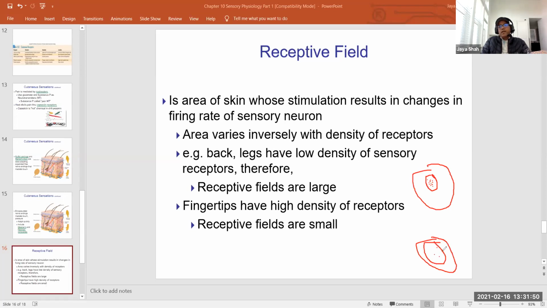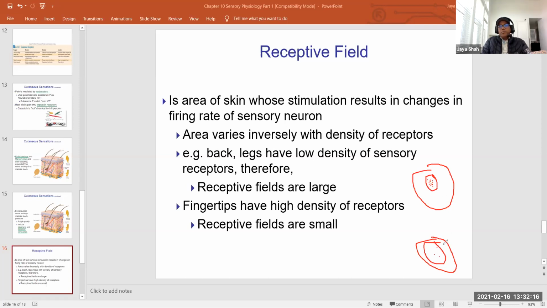So if I stimulate in this area, I will not feel anything. If I stimulate this area, the receptor, then we feel it. So the number of receptors per square area of the surface is a lot here. Here is less. So density is high here, density is less here. That's why this area is more sensitive compared to this area.